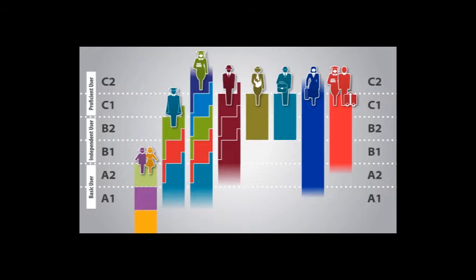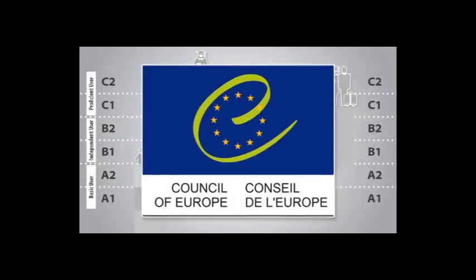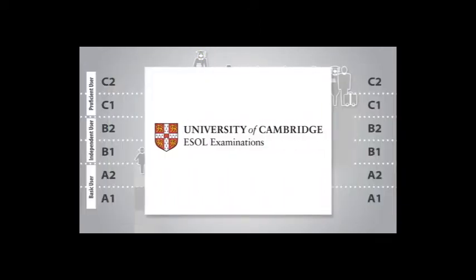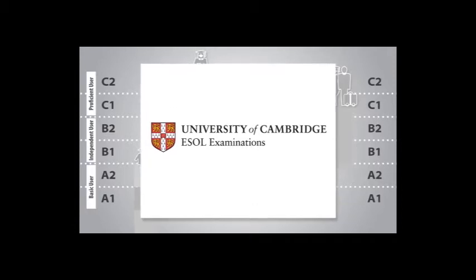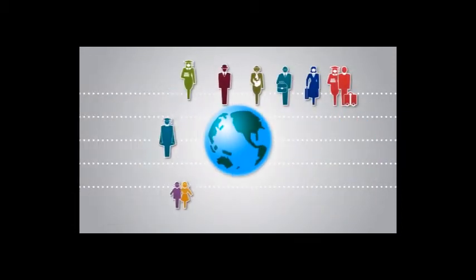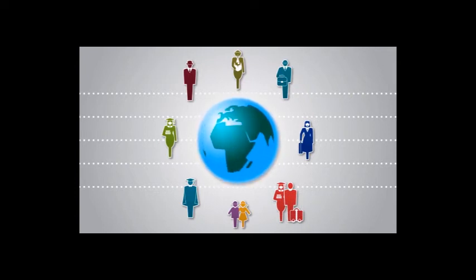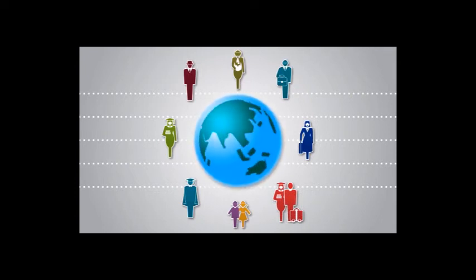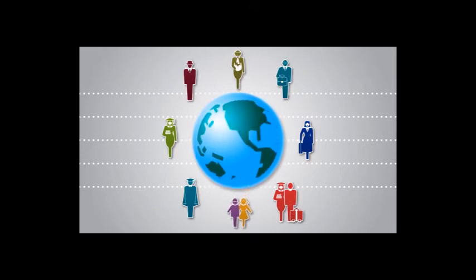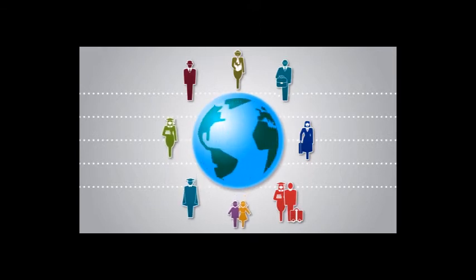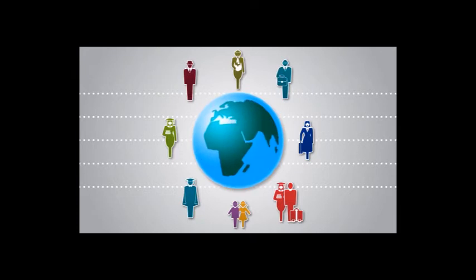The CEFR was developed by the Council of Europe with extensive support from University of Cambridge ESOL examinations. People from all over the world use the CEFR to explain what level of English they are at and what level of English they need. It is used by learners, teachers, universities, governments and employers. The CEFR has been very influential, and not only in Europe.